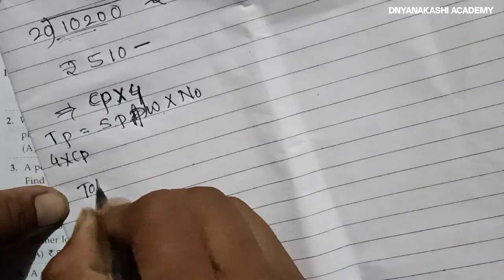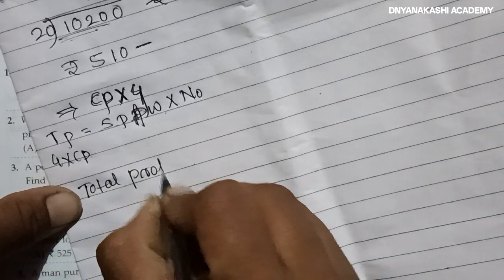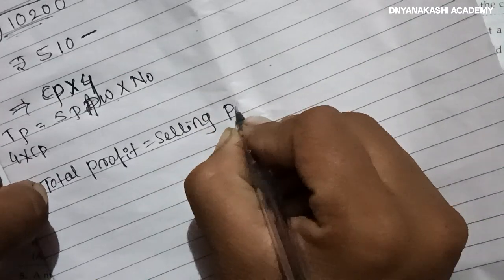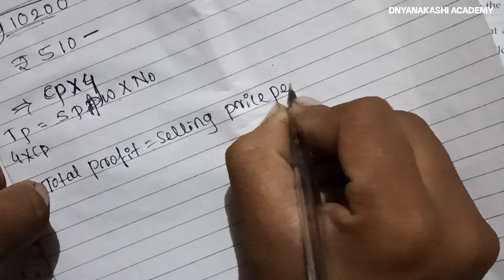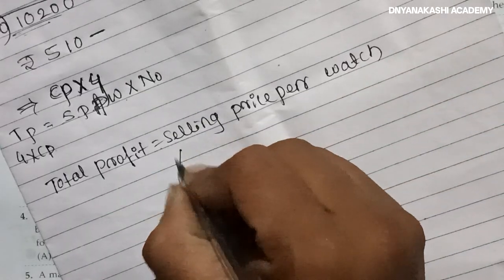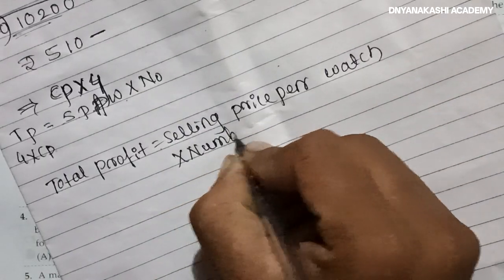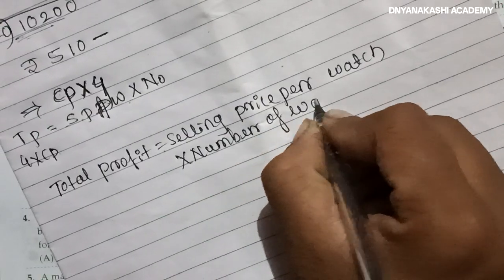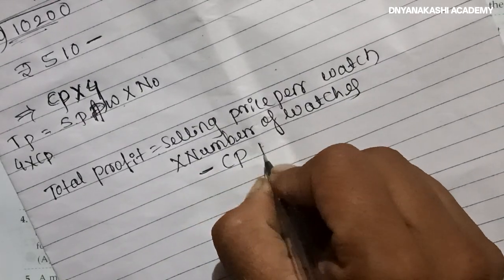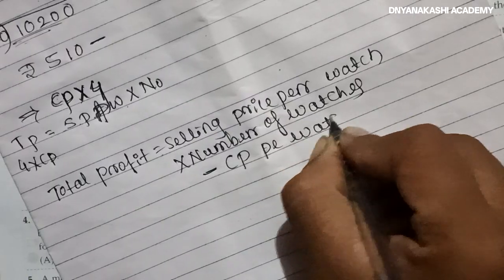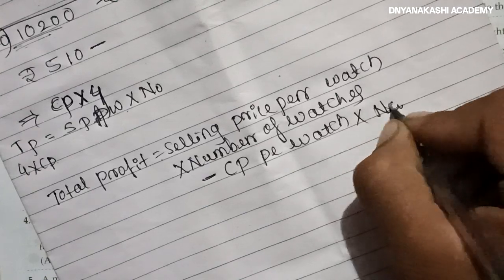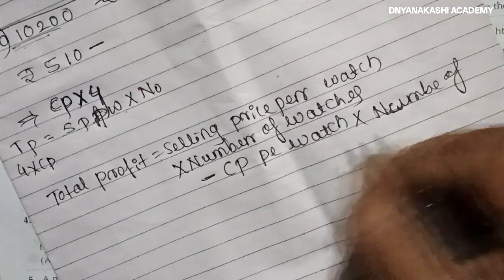Total profit is equal to selling price per watch into number of watches, minus cost price per watch into number of watches.